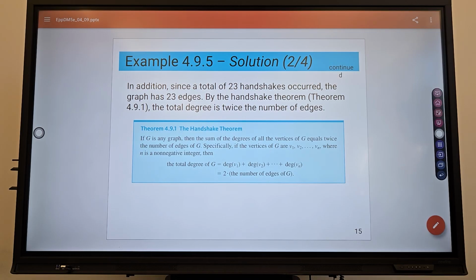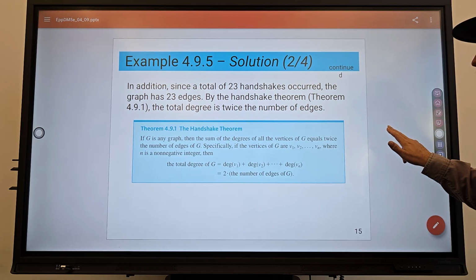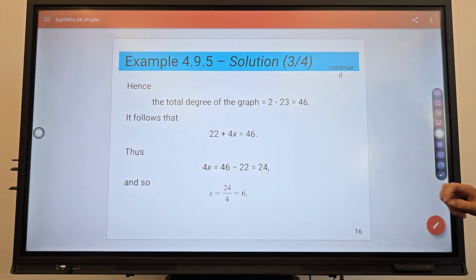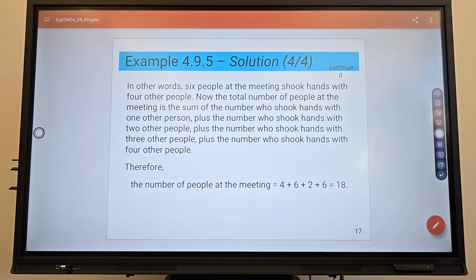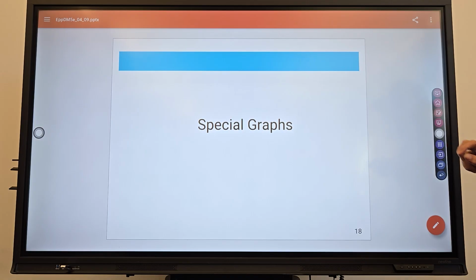The graph has 23 edges, and the total degree is twice the number of edges, so x is equal to 6, or n. Then 6 people at the meeting shook hands with 4 other people, making a total of 18 people at the meeting. After all those years, I can still do basic math and algebra. It's amazing.